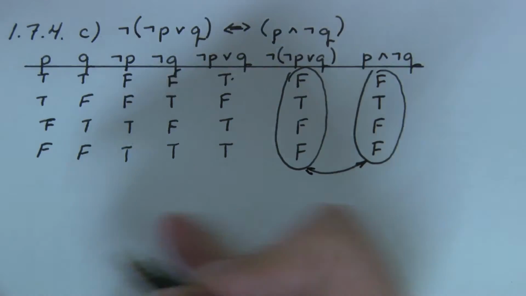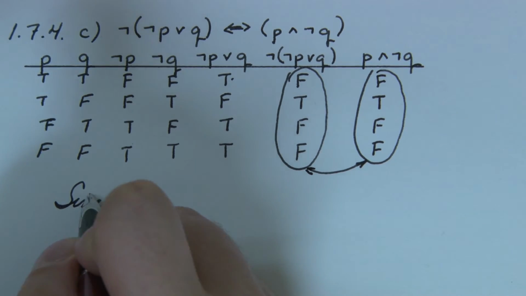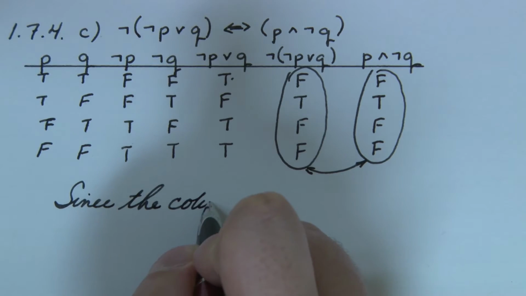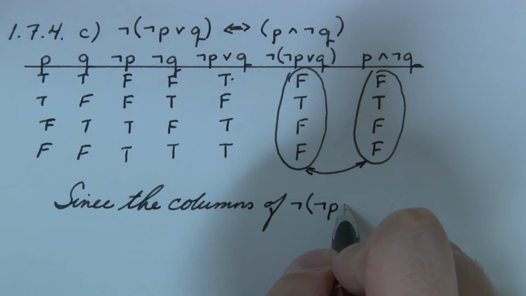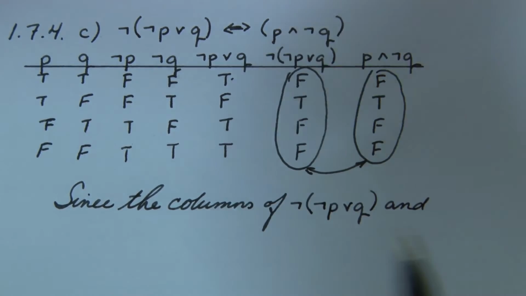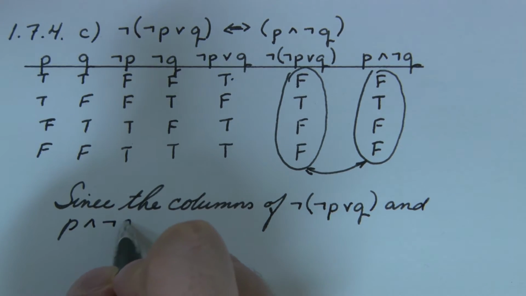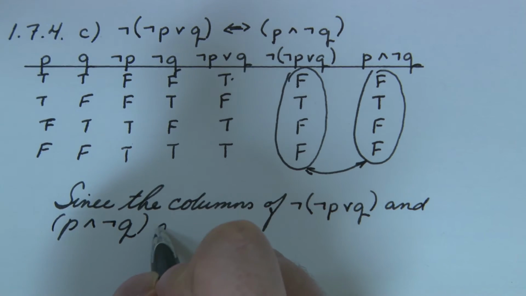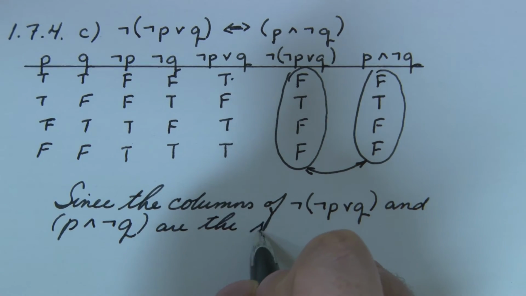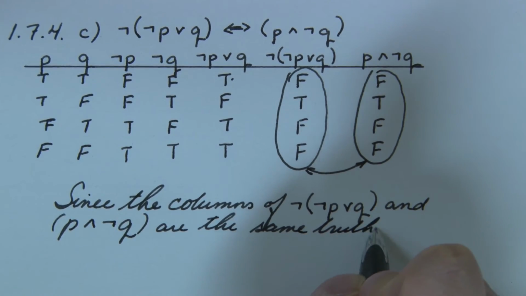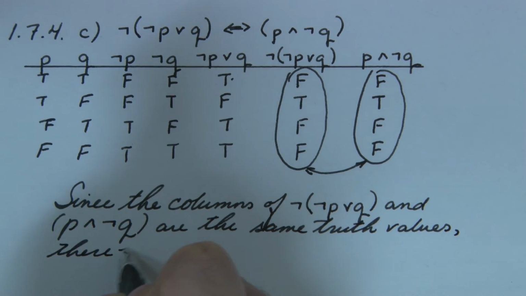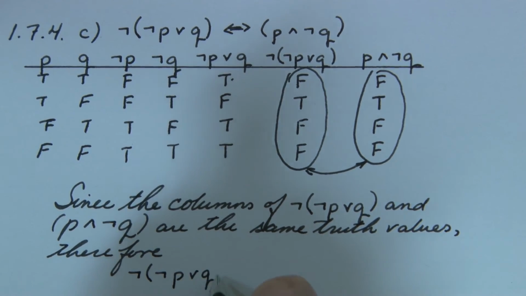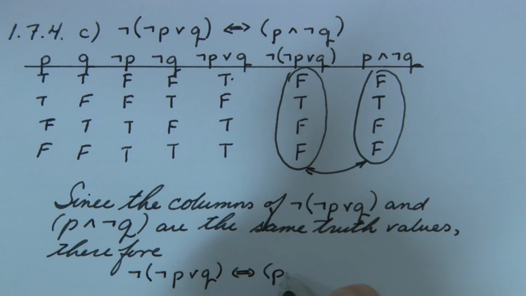Okay, so since the columns of not (P or Q) and P and not Q have the same truth values, therefore not (P or Q) is logically equivalent to P and not Q.